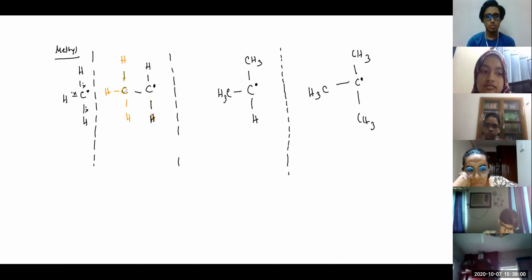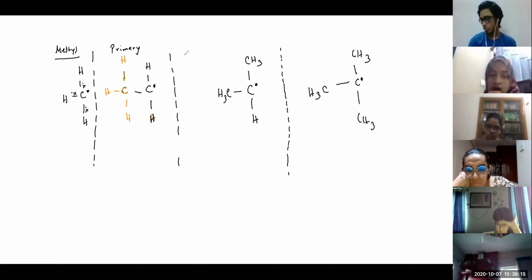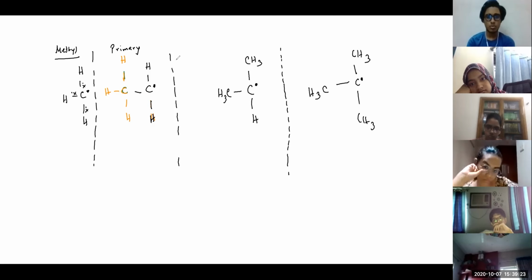Now think about the primary one. This will be useful for both AS and A2. So here, 1 2 3 4 5 6 7.